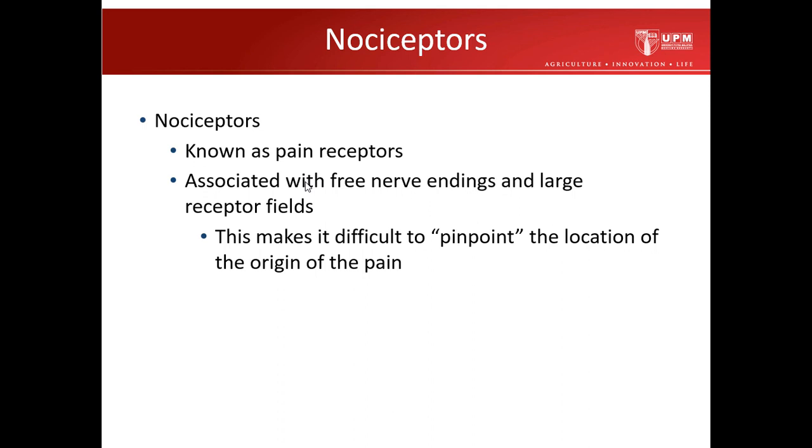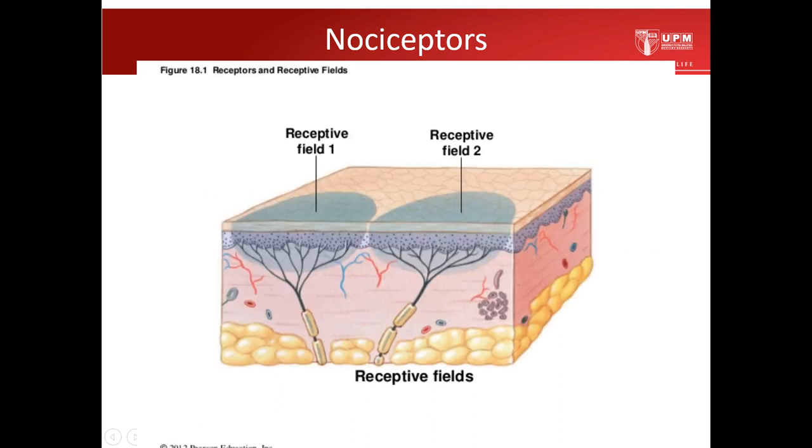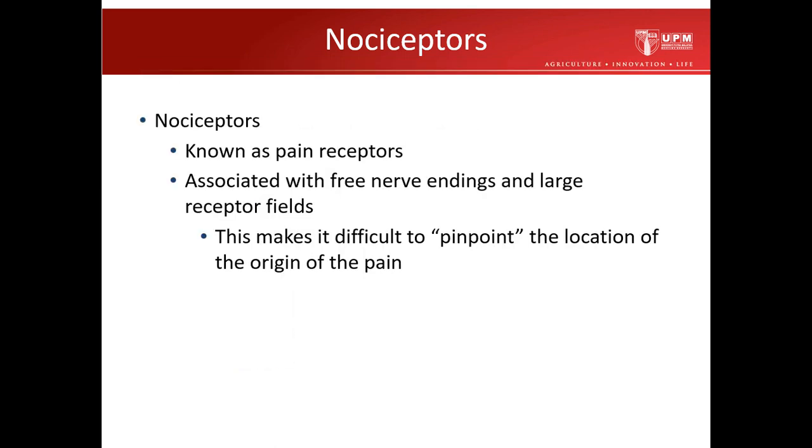Deep tissue and most visceral organs have very few nociceptors. The pain receptors are actually free nerve endings with a large receptor field. As I mentioned before, when you have a large receptor field, this makes it difficult to determine the exact source of a painful sensation.